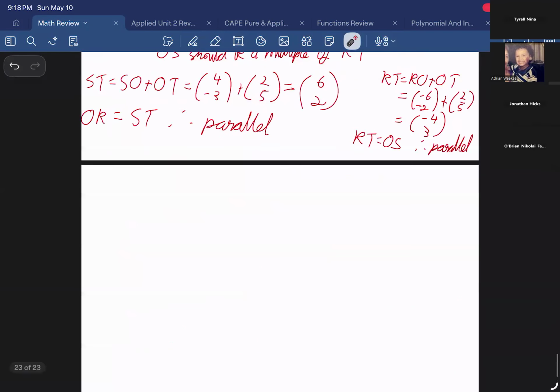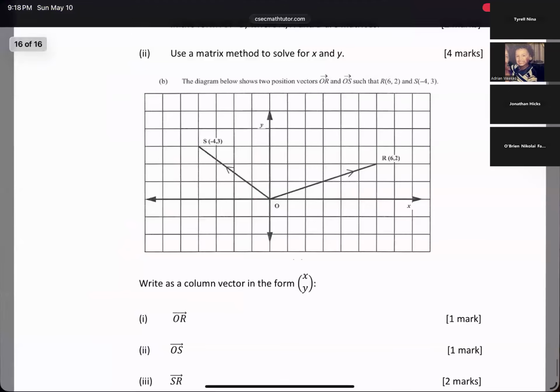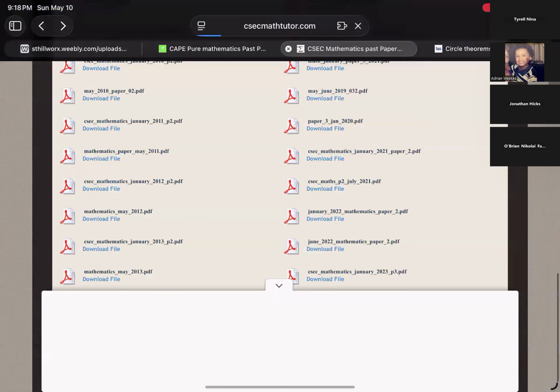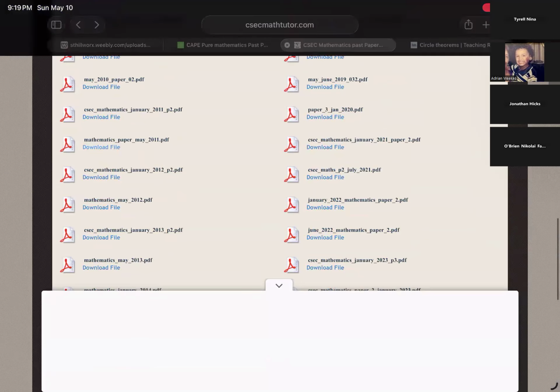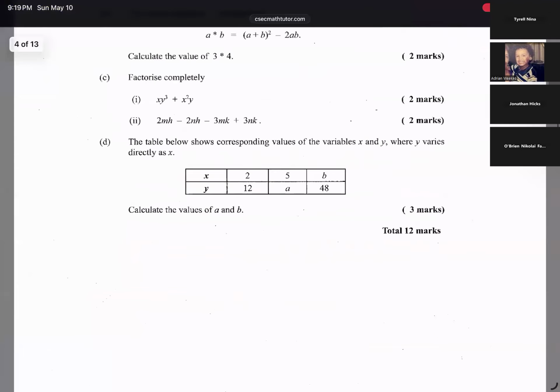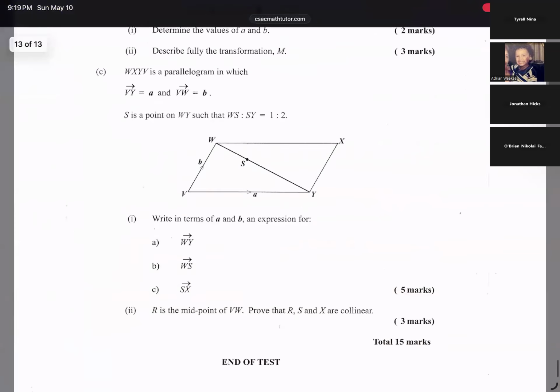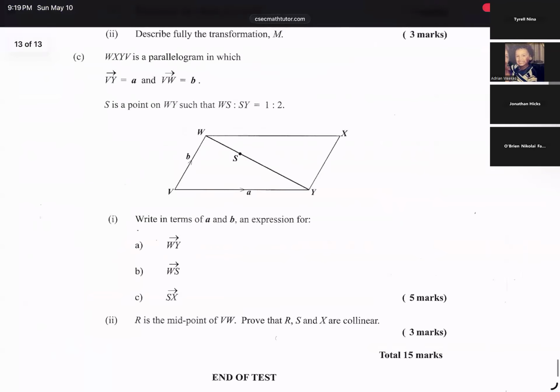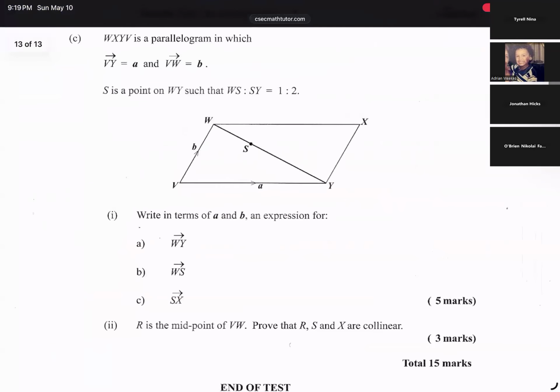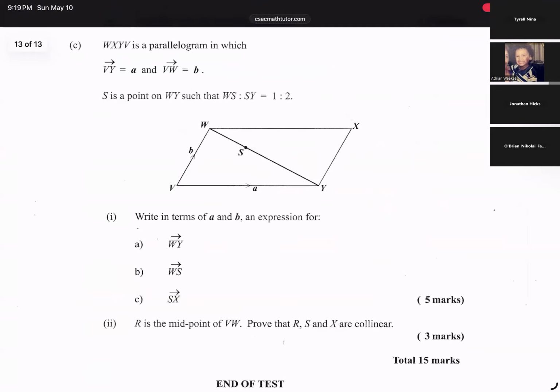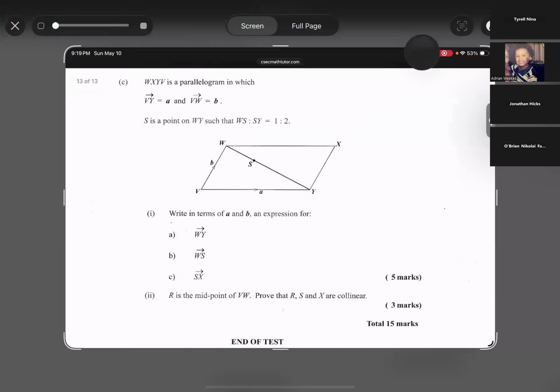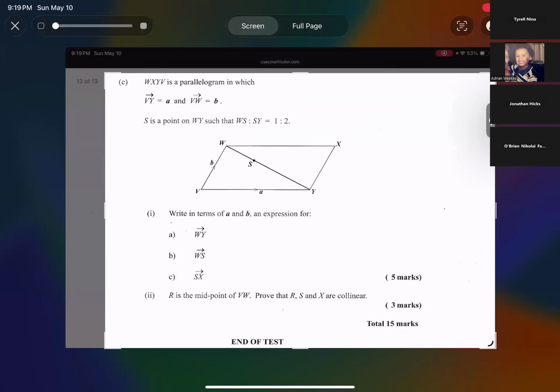All right, I wanted to do one more vector question. I wanted to do one like this, where it's not exactly points, but it's like letters.